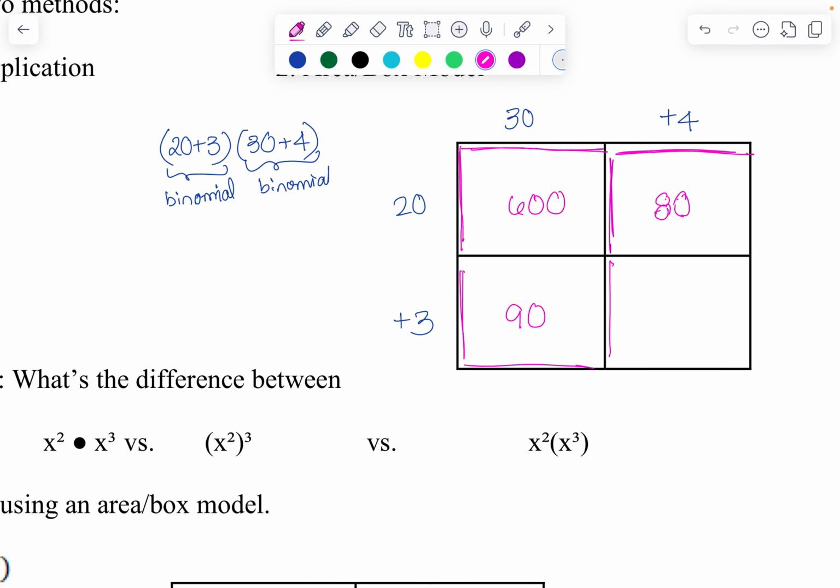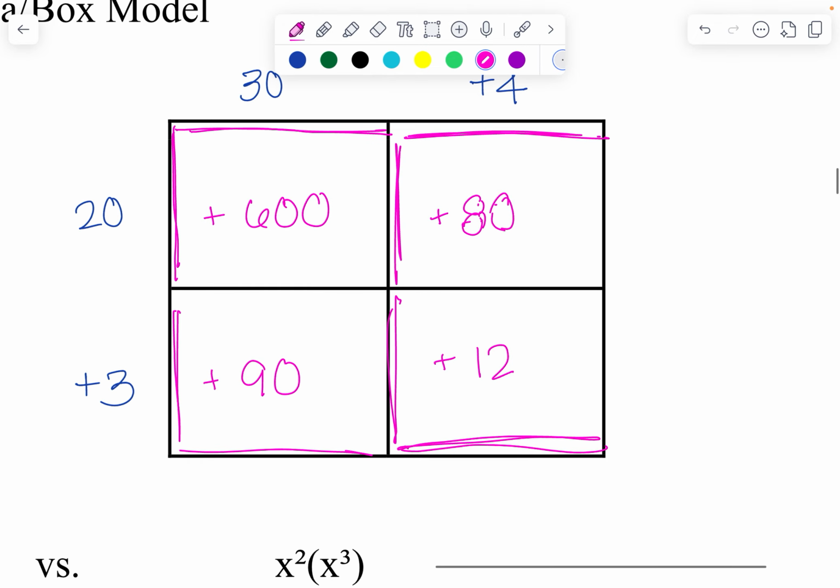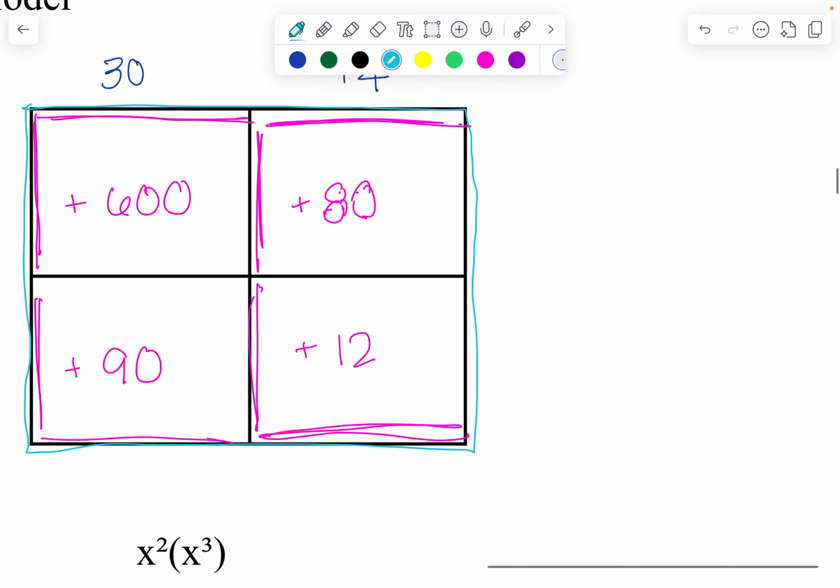And then once again, 3 times 4 gives me 12. They're all positive. So once I get the area of all these little squares, all 4 of them, to find the bigger one, all I'd have to do is add up all the areas of the little ones. So 600 plus 80 plus 90 plus 12.